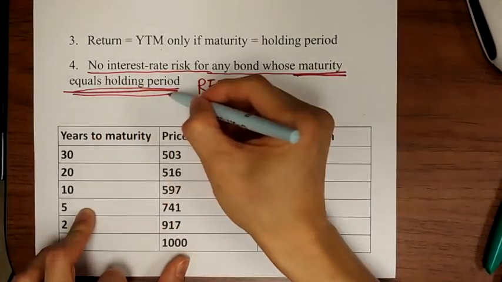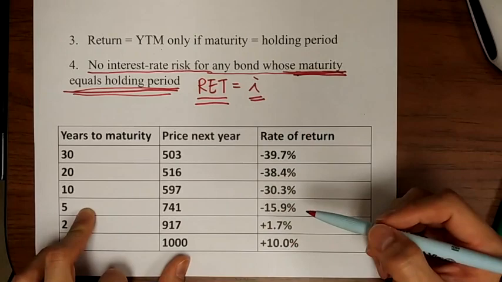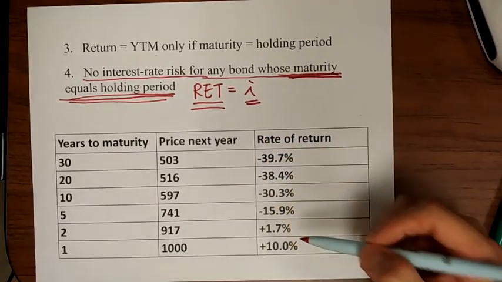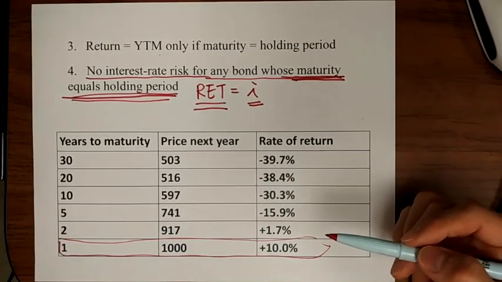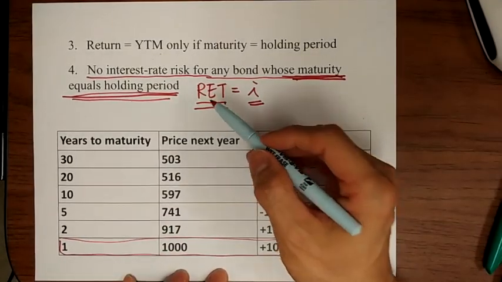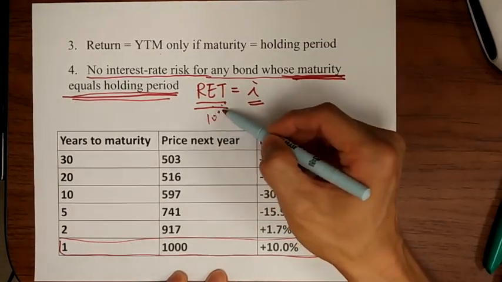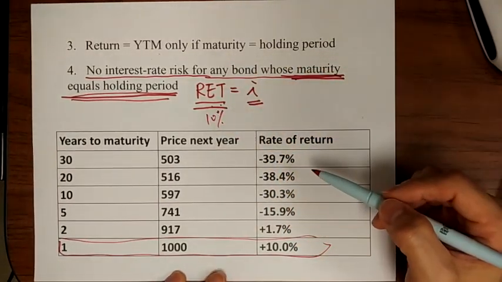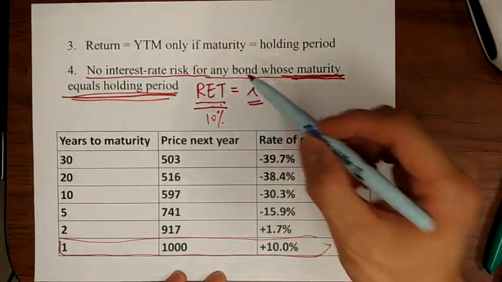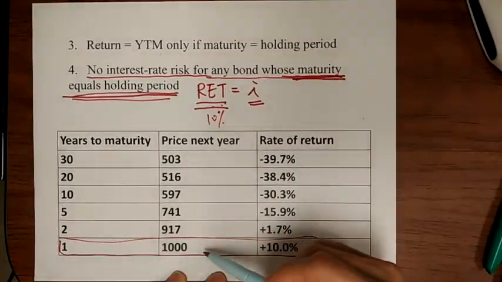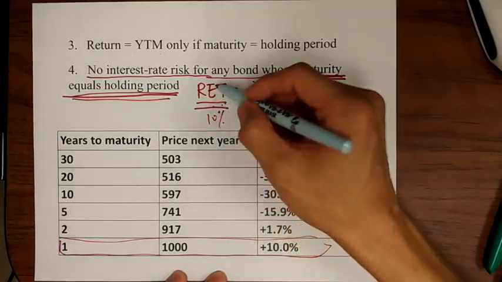So when the holding period equals the maturity, then you will know the rate of return when you buy the bond, just like this example. Therefore, you know exactly how much return you are going to earn. In this example, 10% when you buy the bond. Therefore, there's no risk. You know what is going to happen when you are holding the bond. You are going to earn 10% interest rate and 10% rate of return.